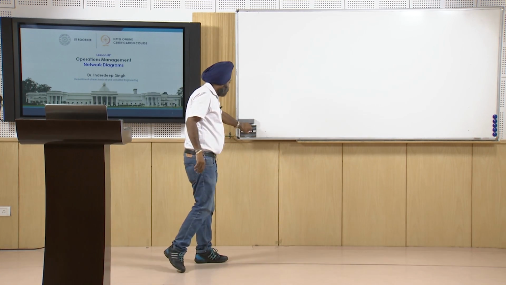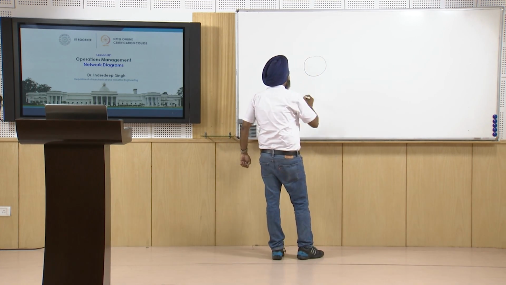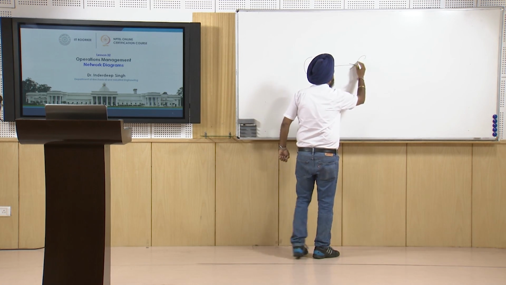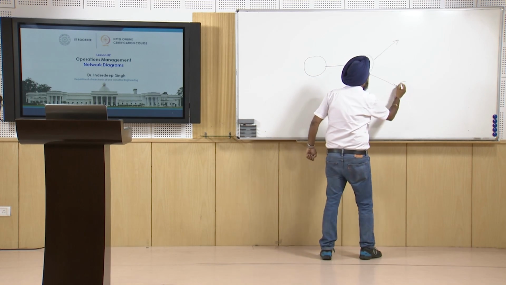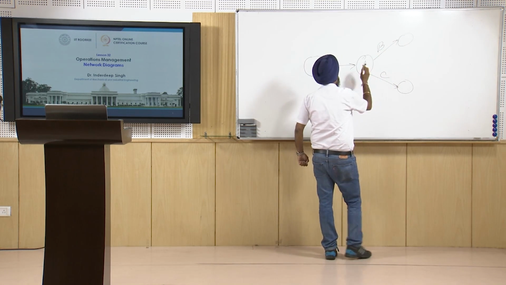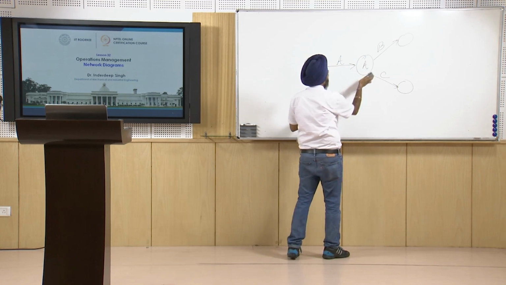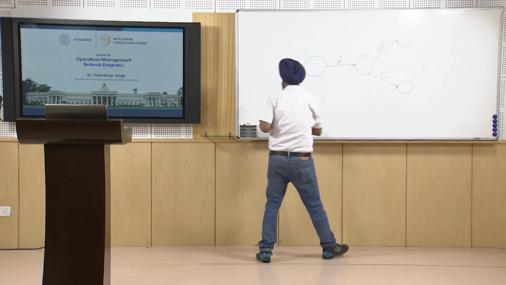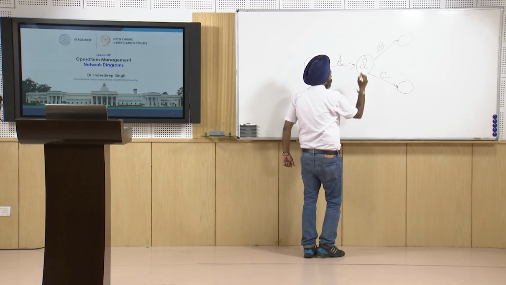Now I will try to draw this and explain the network. This is my start node, then I have A, and this is an event here, and the nodes can be numbered as 1, 2, 3 and 4.